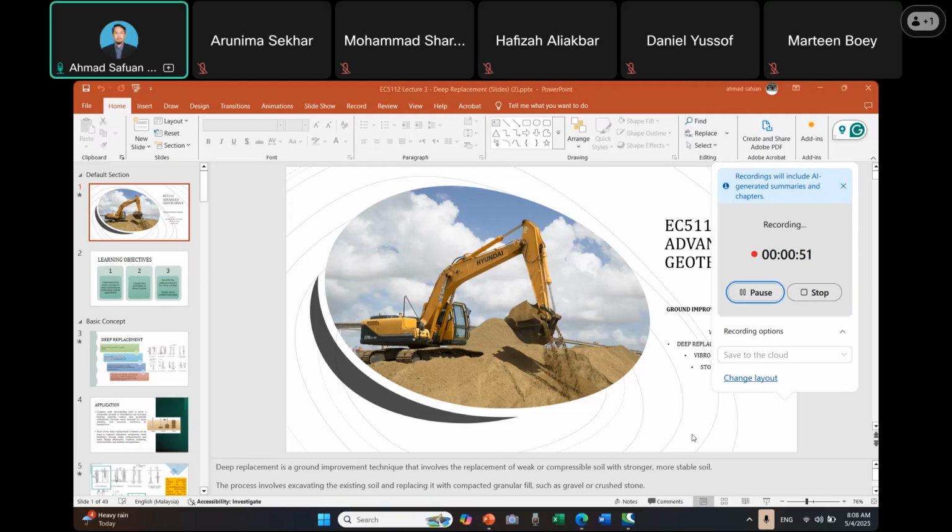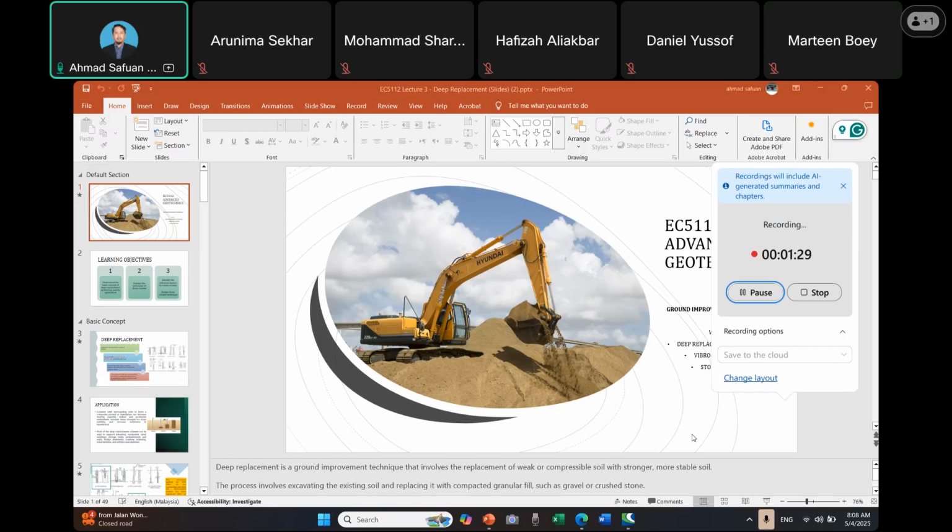Later on, the weak soil becomes like a composite soil, which consists of several improvement area ratios, by installing or replacing the weak area with compacted granular fill, like installing the pile.